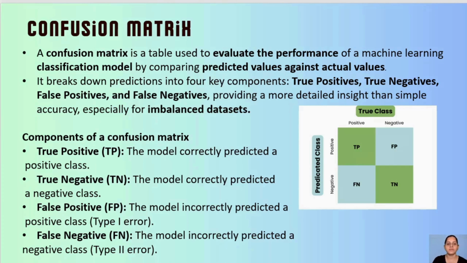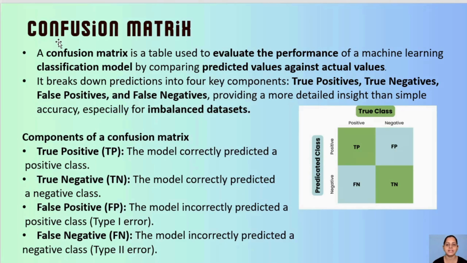So when you're going ahead with the confusion matrix, again it's a table. It's a table which contains true positives, true negatives, false positives and false negatives, and it is helpful to evaluate the performance of a classification model.